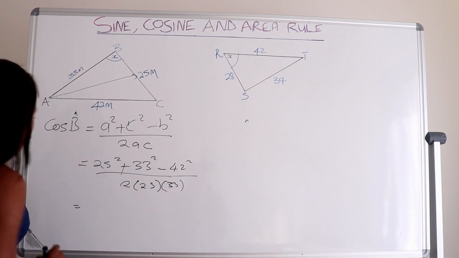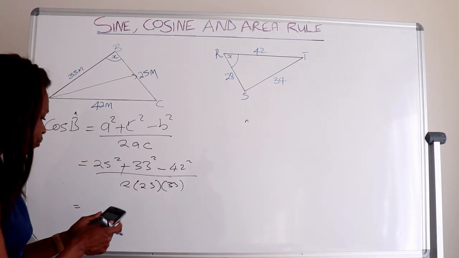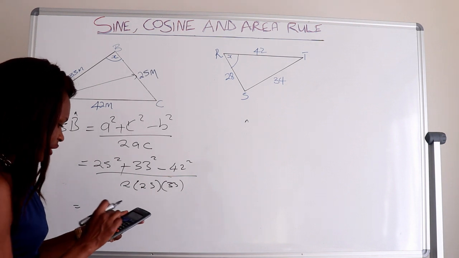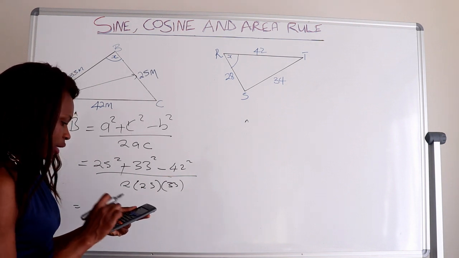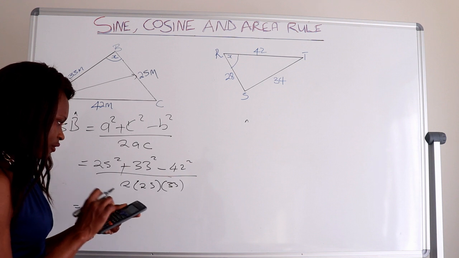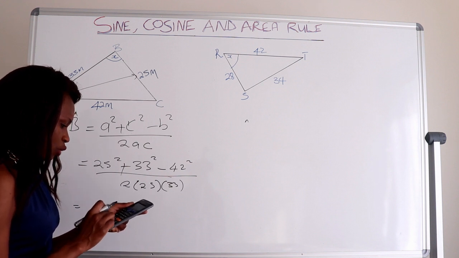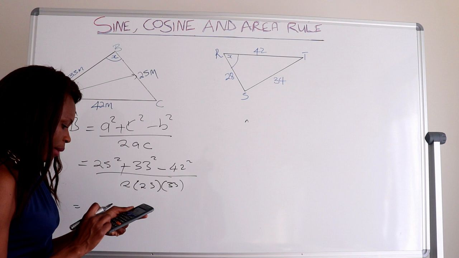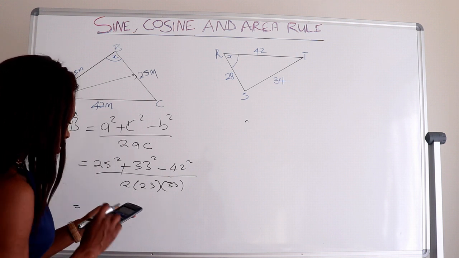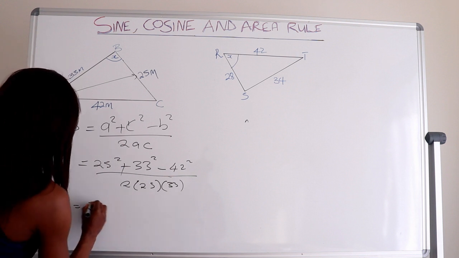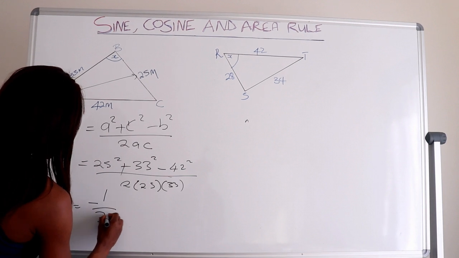Let's punch that into a calculator. We're going to have negative 1 over 33.